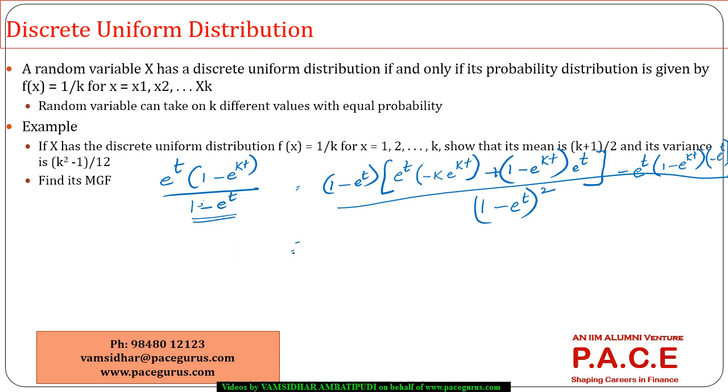So let me look at this whole thing now. This is 1 minus e to the power of t into all these things, minus e to the power of t into 1 minus e to the power of kt, and so on. So this is what is typically working out as the derivative. Now if I am substituting t equal to 0, 1 minus e power 0 is 0.